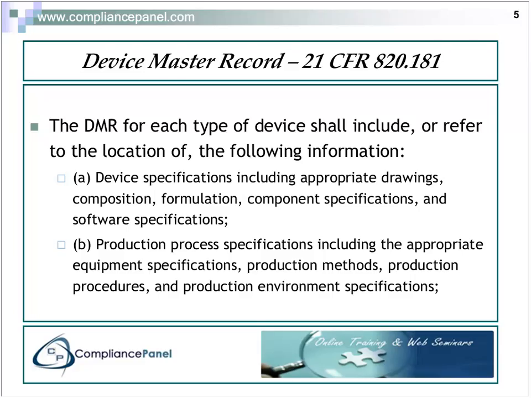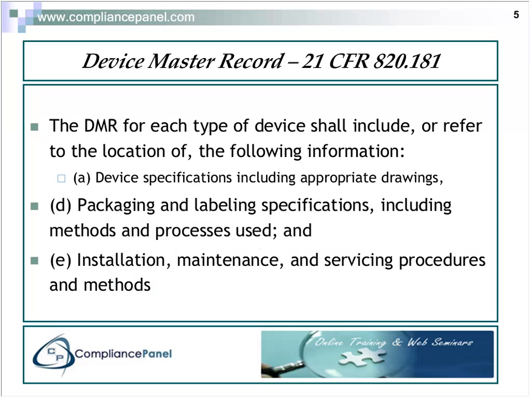Those of you who are in different industries where sterilization was needed, where clean room environments are needed, where you have to maintain temperature controls, all that needs to be defined, and it's all part of the specifications and the formulations and the production processes, and we'll go into this in a little bit more detail.